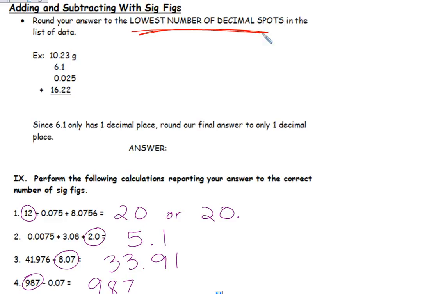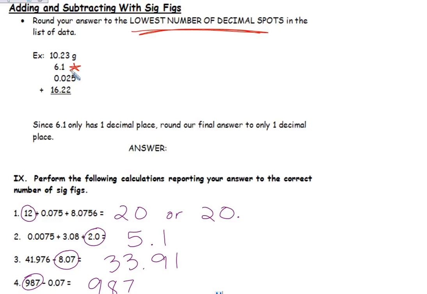So for example, if I look at this list, I'm going to add 10.23 plus 6.1 plus 0.025 plus 16.22. You can plug that all in your calculator, but when I round and when I report my final answer, I'm just going to leave whatever had the lowest amount of decimal spots, not total significant figures.